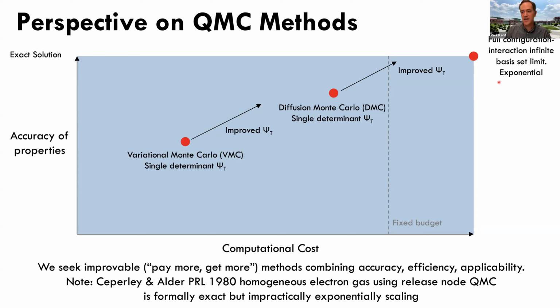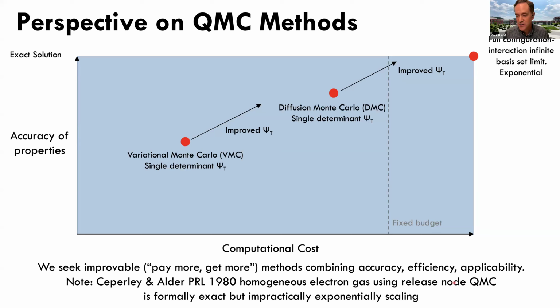And then another one that I know a lot of you think of is actually a quantum Monte Carlo method, and I put the reference to it here. So Ceperley and Alder in 1980 did their very famous study of the homogeneous electron gas using release node quantum Monte Carlo. And this, of course, is the data that was parameterized in the local density approximation to form the first really widely successful density functional approximation.